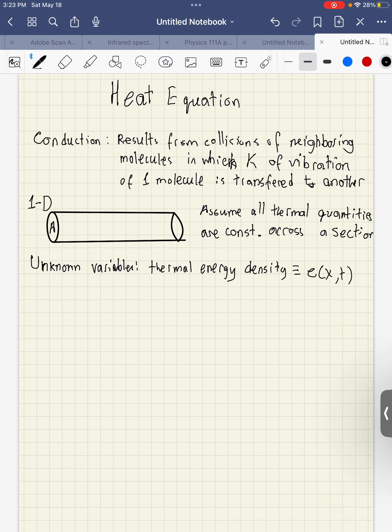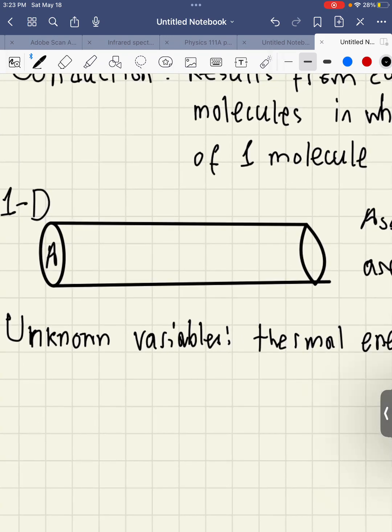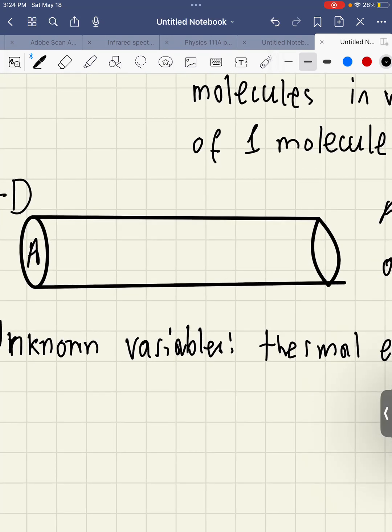Suppose our rod extends from x equal to 0 to x equal to L, and we're going to consider a very thin slice of the rod located between the positions x and x plus delta x.